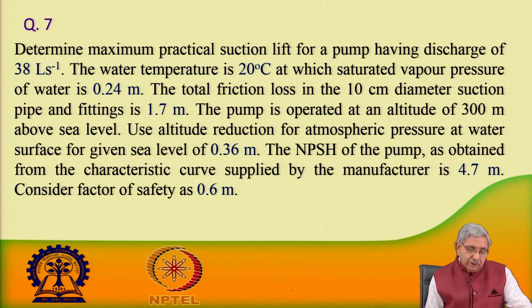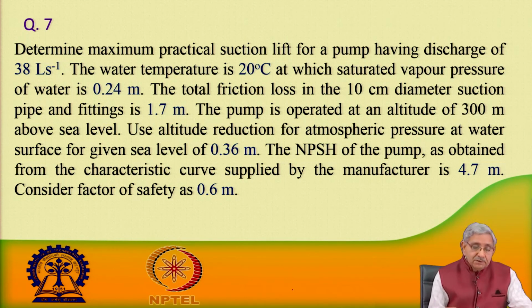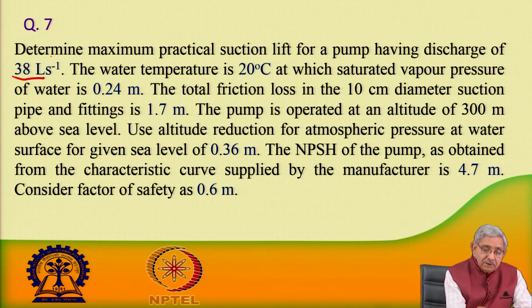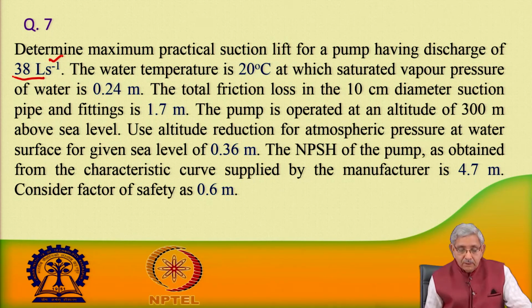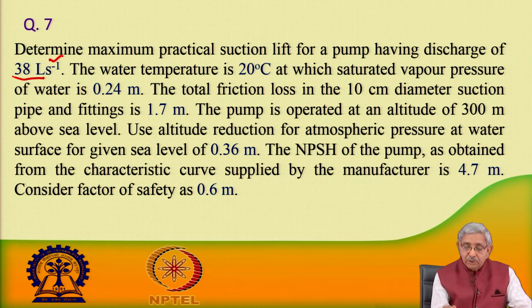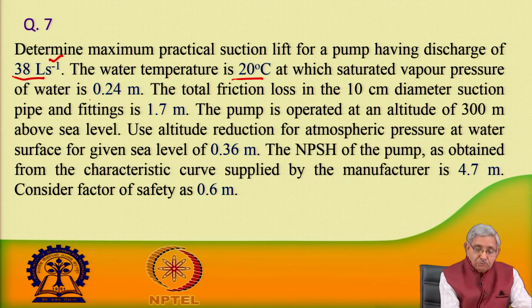Here we are required to determine the practical suction lift for a pump having a discharge of 38 liter per second. Water temperature is 20 degrees Celsius, at which the saturated vapor pressure is 0.24 meter.